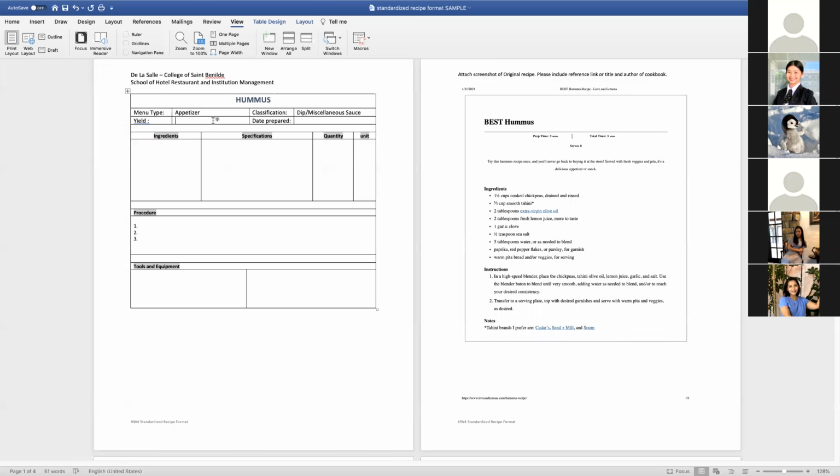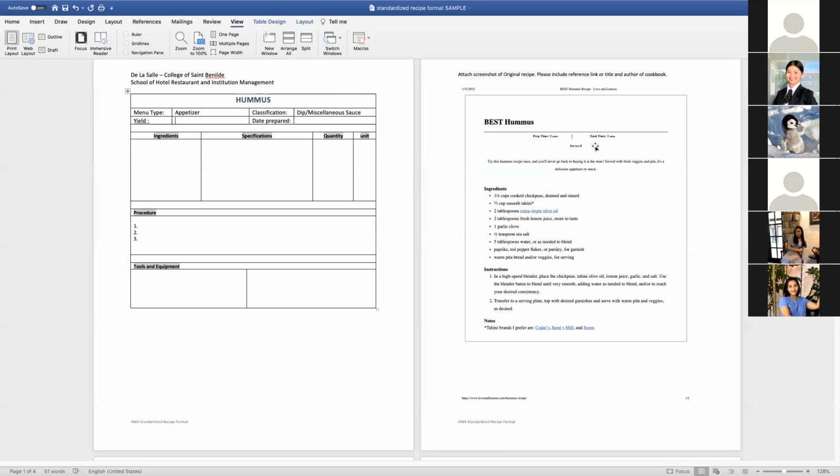Kaela. Yeah? Wait lang, Miss. Hindi mo nababasag iyan? You see the recipe? Yes po.